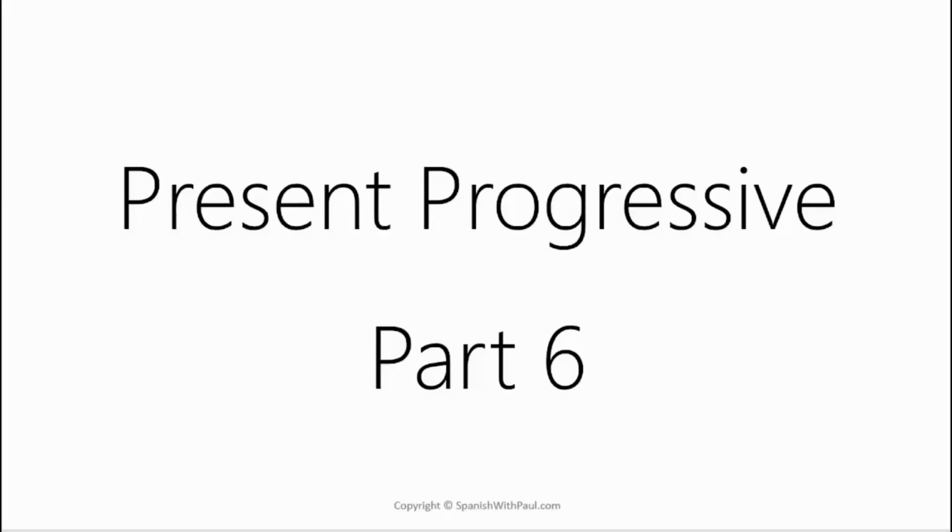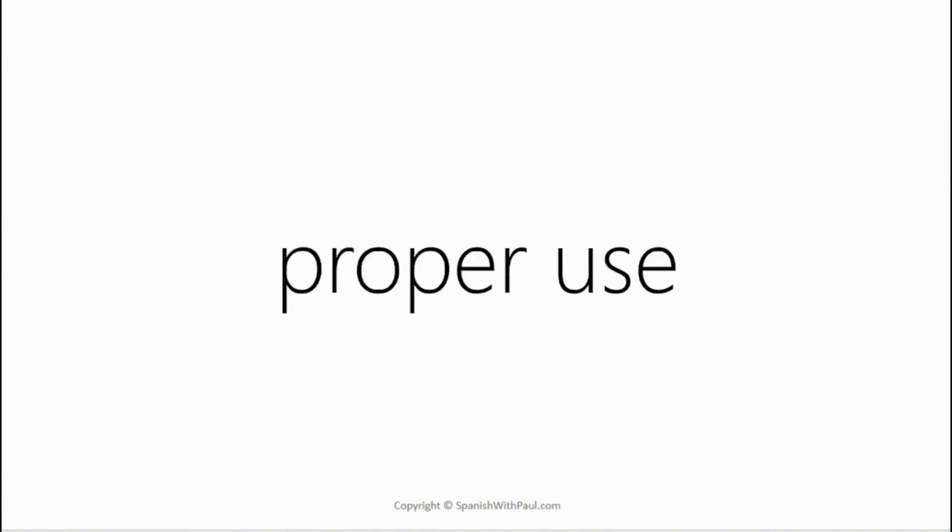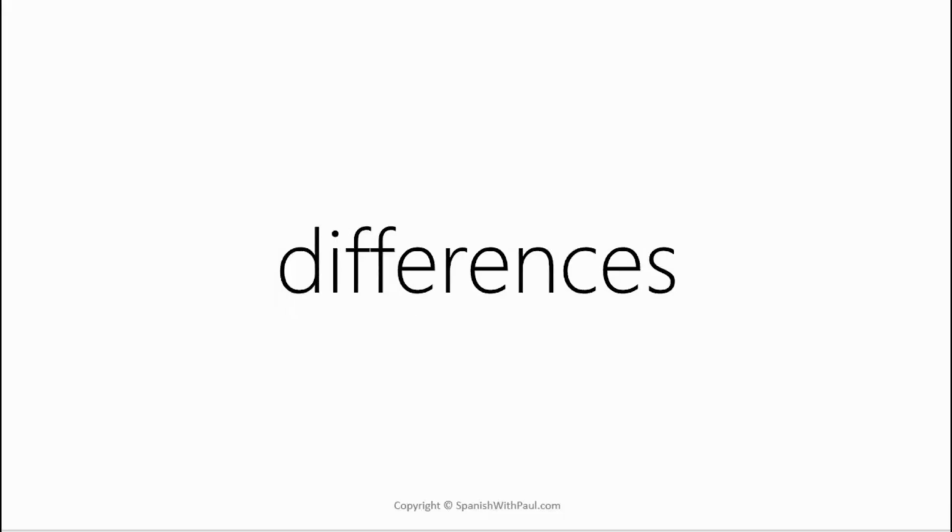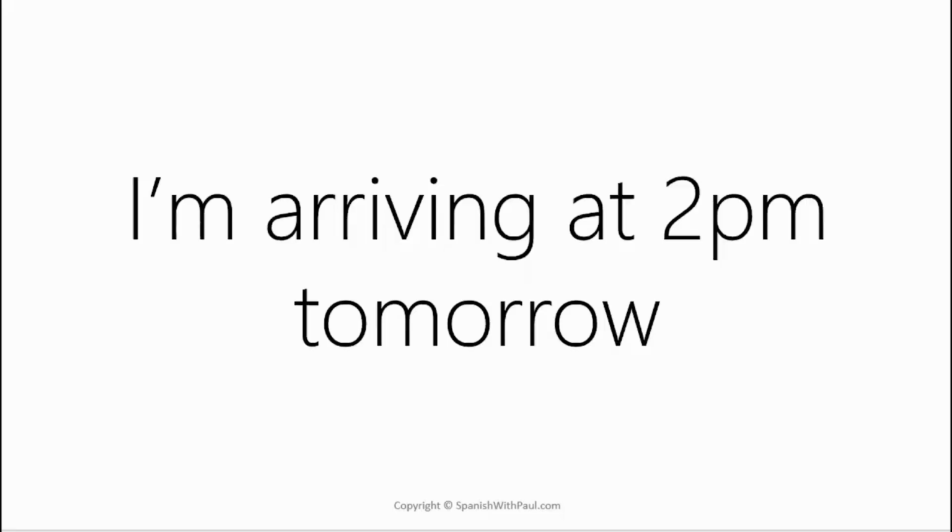In part 6, I'd like to talk about the proper use of the present progressive in Spanish, because we have some differences between how we can use it in English and how you can use it in Spanish. For example, I'm arriving at 2 p.m. tomorrow. Here we're using the present progressive with I'm arriving, but we're talking about something that's going to happen in the future.